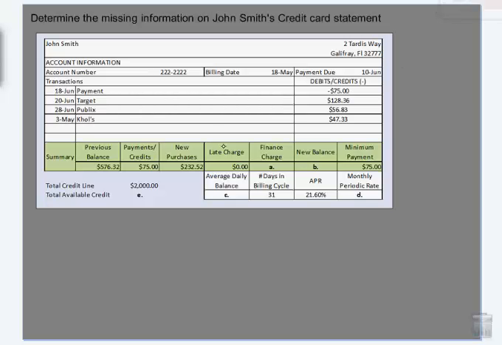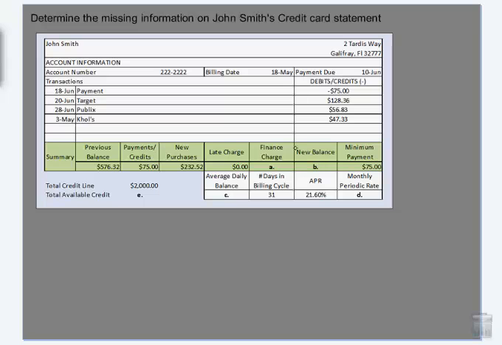Through the whole process to find these missing things, we're going to find the finance charge, the new balance, the average daily balance, the available credit, and the monthly periodic rate. Okay, hold on. Let me go back. I can't figure out the finance charge until I know the average daily balance.